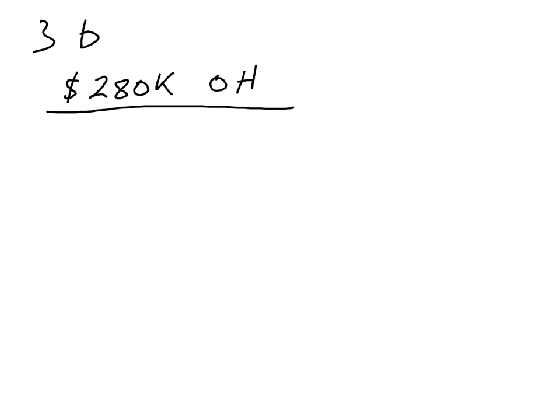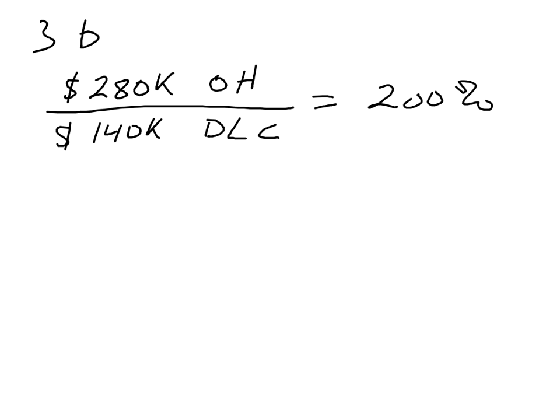So we look at that first chart on question 3, and it shows that total direct labor cost was $140,000. And so looks like our rate is 200%. So that means that for every dollar of direct labor cost we incur, we're going to apply $2 of overhead cost.